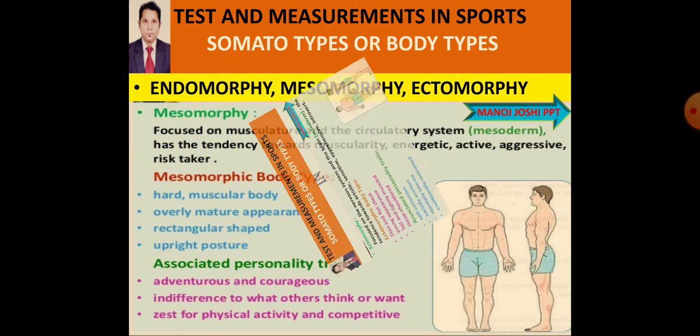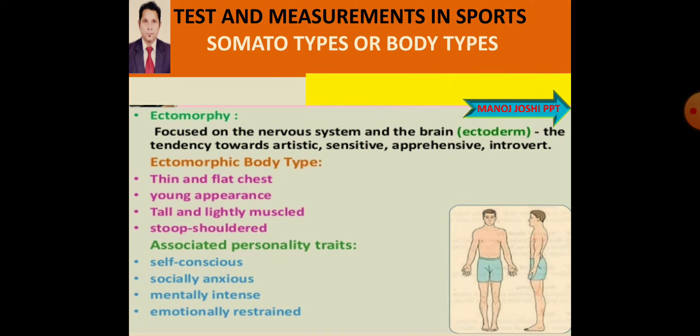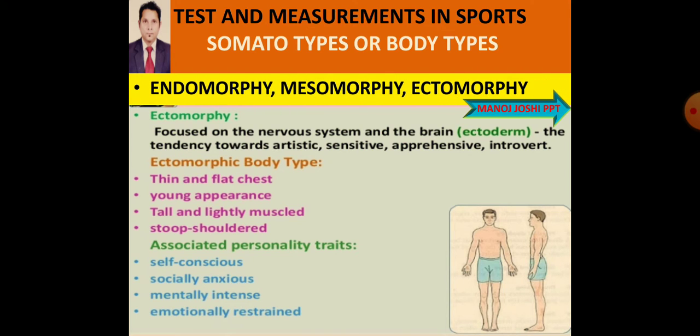Then we will come to know the ectomorphy. Ectomorphy is focused on the nervous system and the brain, the ectoderm. So the first, endomorph, focused on the digestive system, then mesomorph focused on muscularity and circulatory system, and these ectomorph people are focused on the brain and nervous system.